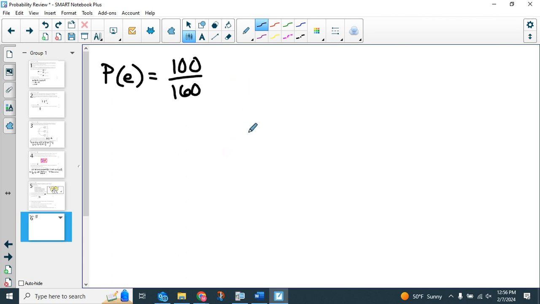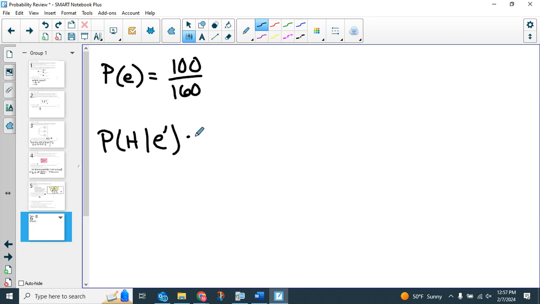D2 says find the probability that the student used a hardcover given that they had not used an e-textbook. So this is the probability that we used a hardcover given that we had not used an e-textbook. That's how it would be in our regular notation, but you wouldn't have to know that.